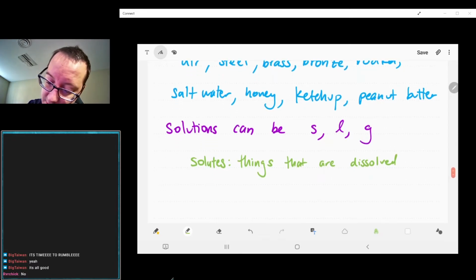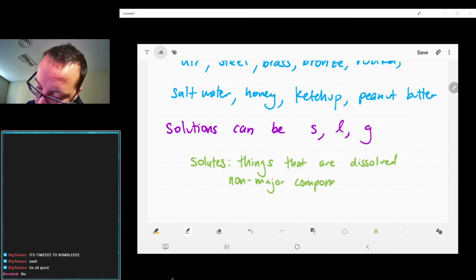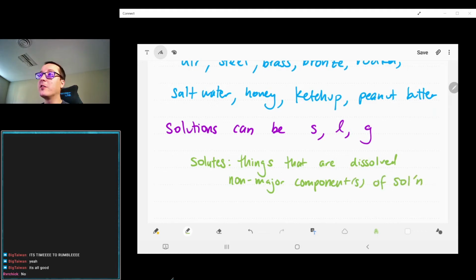Typically, we refer to solutes as the non-major component of the solution. This abbreviation, SOL'N, is commonly used for solution, and I'll be using that abbreviation probably a lot. So those are going to be the non-major components. By major, we just mean majority. Whatever the majority of your solution is, the minority will be the solute.